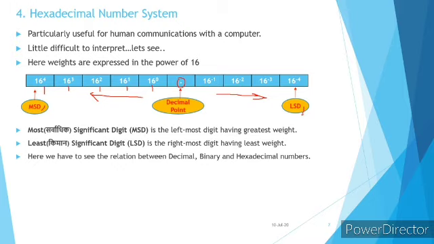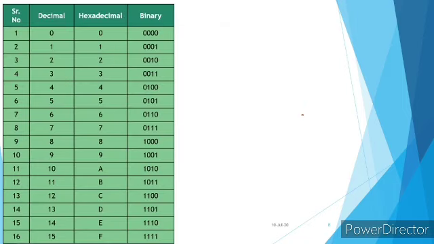Here we have to see the relation between decimal, binary and hexadecimal number systems. Now as this is the last number system, we can see a relation between every number system. So a table is given here. You can see this is decimal 0, hexadecimal 0, and represented in binary it is 0000. Then decimal 1 is hexadecimal 1, whose binary equivalent is 0001.